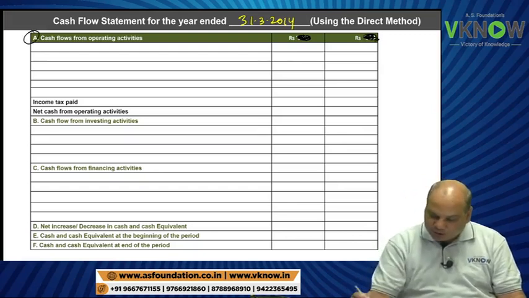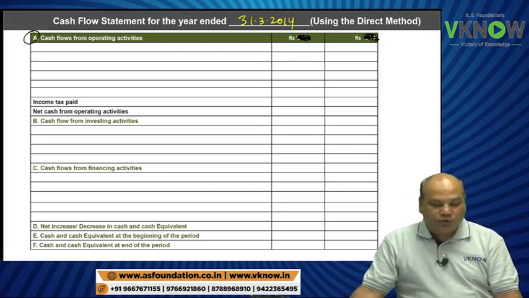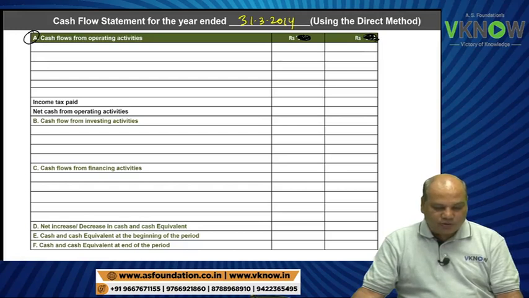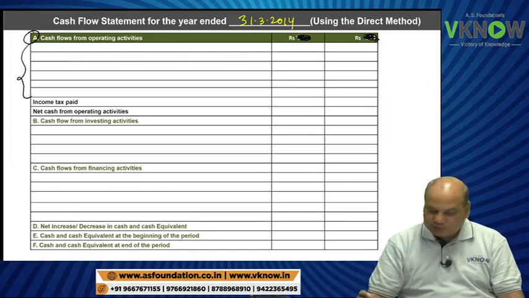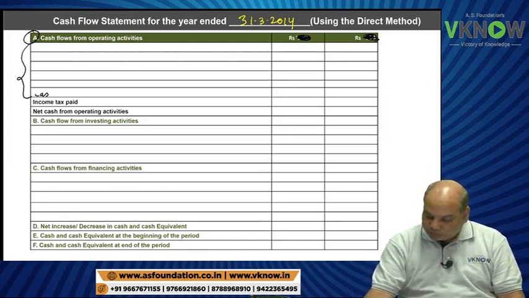First point number A, cash flow from operating activities. First keep about 6 lines blank. Then write down cash generated from operations.